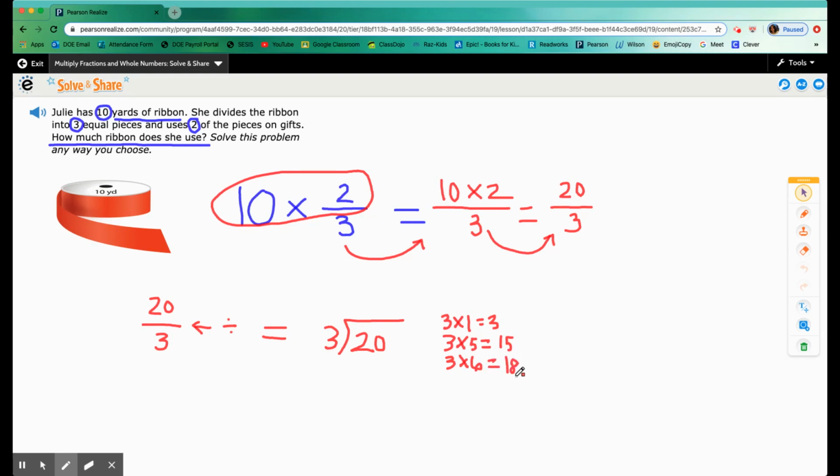Wow, even closer to 20, but let's try one more. 3 times 7 is 21. Uh-oh, I went too far. 21 is after 20, so I cannot use this multiplication fact. So I will stick to 3 times 6 is 18.